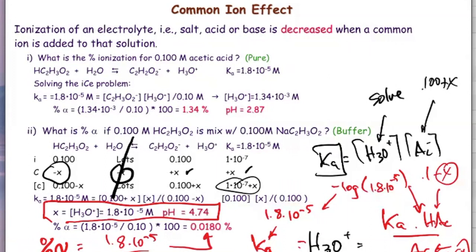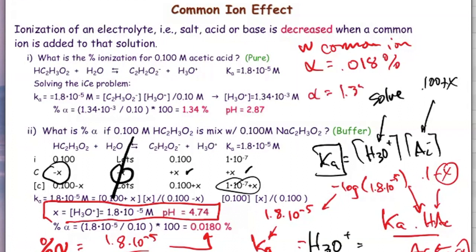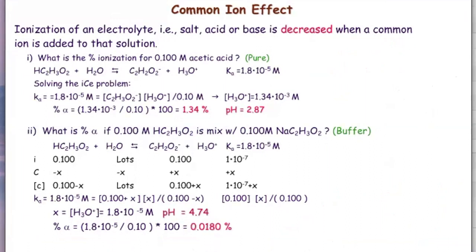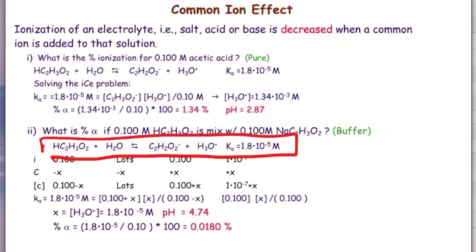So with common ion, the alpha is 0.018%. With no common ion, the alpha is 1.34%. What I'm saying here is that this is consistent with Le Chatelier's principle, because if we look at this equation right here, we're taking an acid and causing it to dissociate, but now we introduce a common ion and it's going to force the equilibrium to the left according to Le Chatelier's principle.